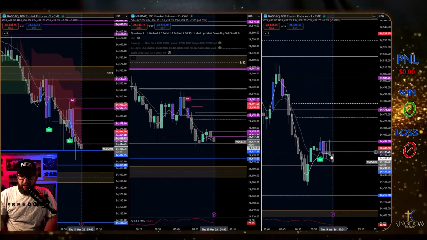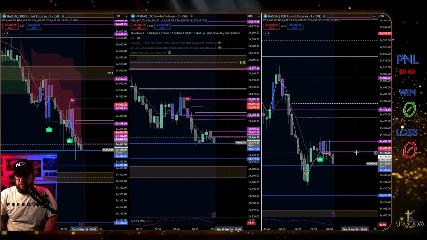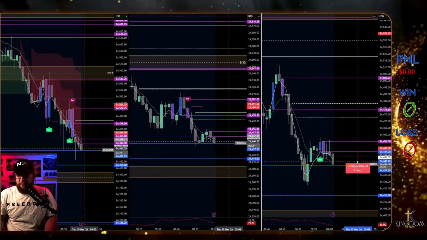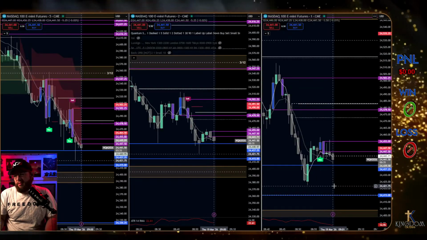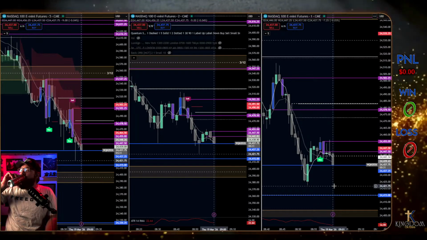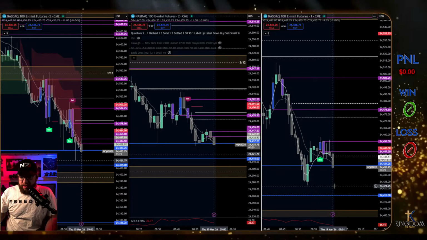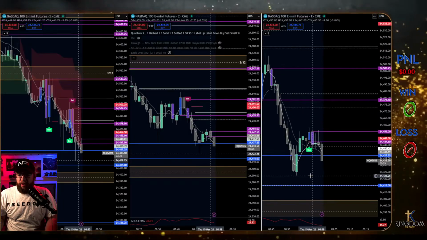We actually already did have the break on the blue and the retest, and now the continuation. Look at that. 10-point play would have hit right there. So as I'm talking, I miss another range break. Boom, 10 points.